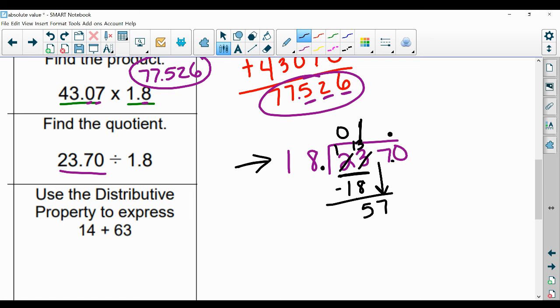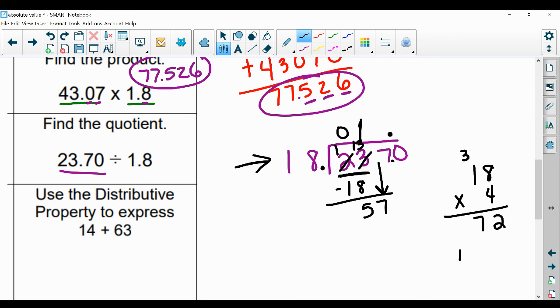About how many times will 18 go into 57? Well, in our division problem before, we found out that 18 times 2 is 36. We need to go a little bit higher than that. So let's try 18 times 4. That's 2. Carry the 3. 4 times 1 is 4, plus 3 is 7.